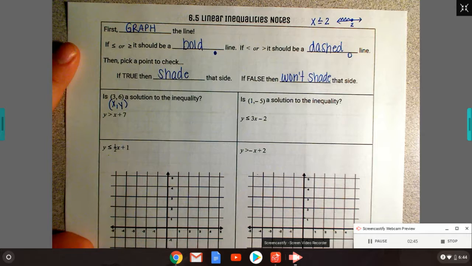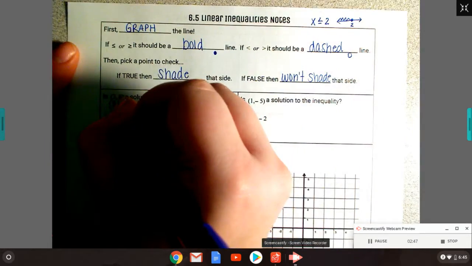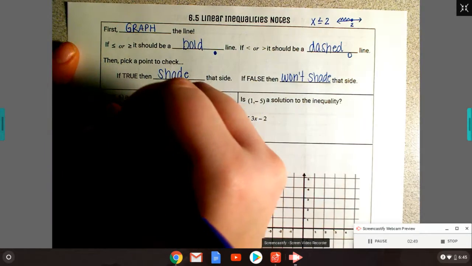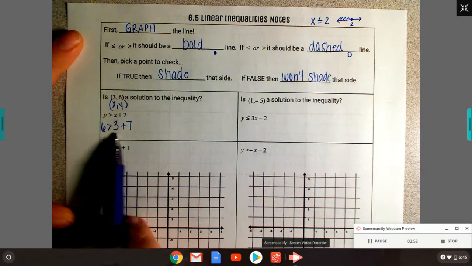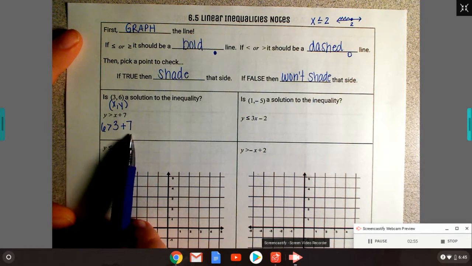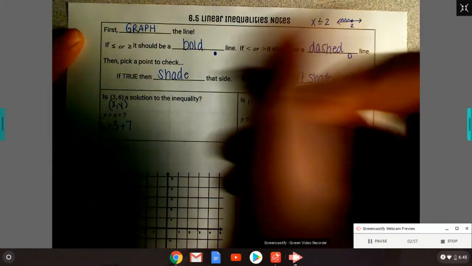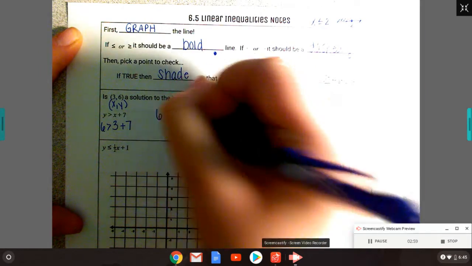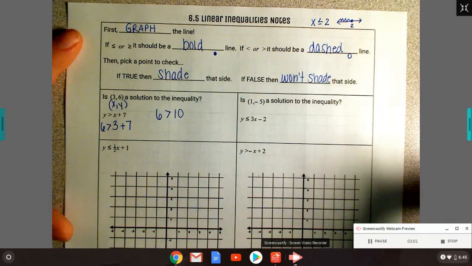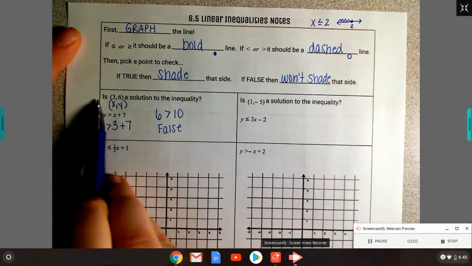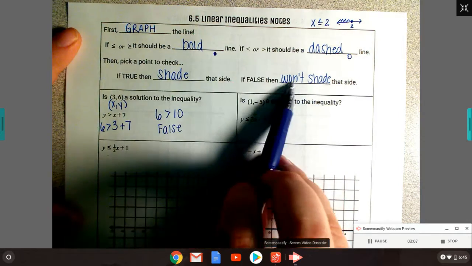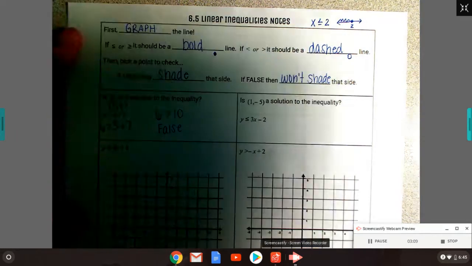So I can plug the 3 into the x and the 6 into the y and see, is that true? Let's simplify the right side. The right side is 10. So now I've got 6 greater than 10. Is that true? That's false. Because it's false, is it a solution to the inequality? False, don't shade, so it's not a solution.